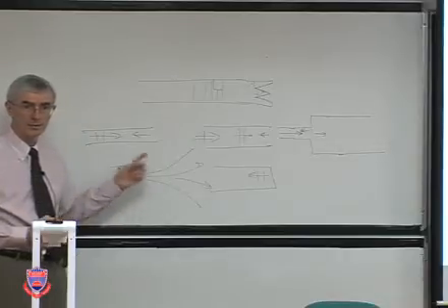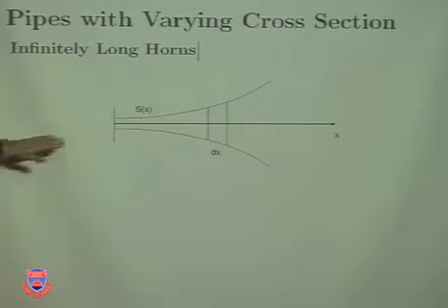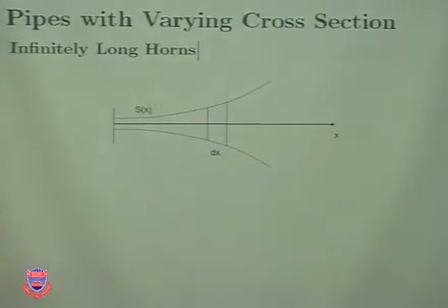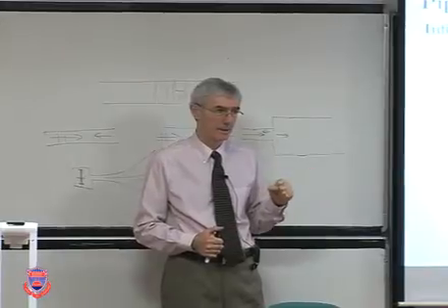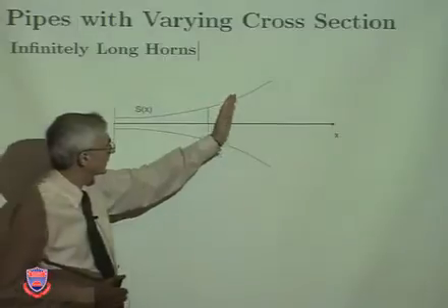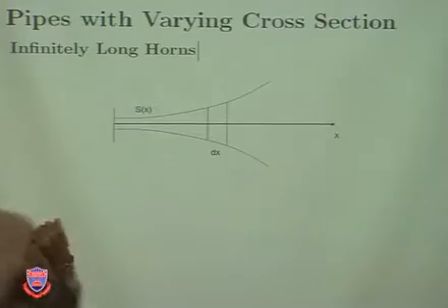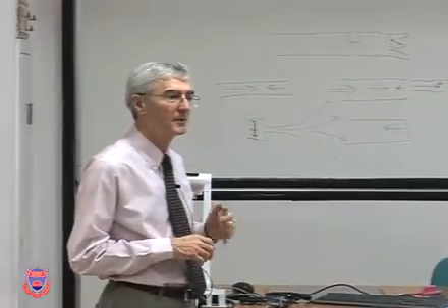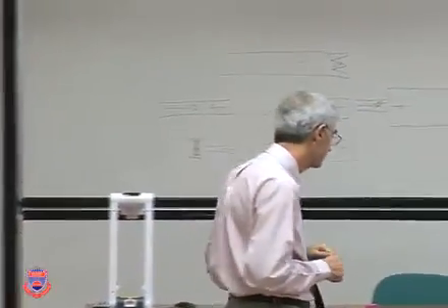That's not what we're interested in. We want the sound to go out. So what you want to do is flare this out as long as you can. What does that do? Effectively, it matches impedance. Here it's a plane wave. As it goes out, it actually curves some, but then it just radiates out. That's the reason why horns are very fundamental to acoustics, to help propagate sound to long distances.